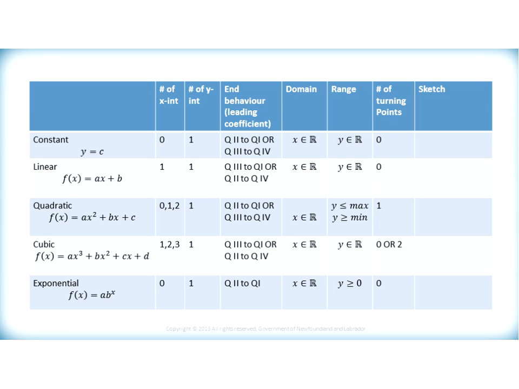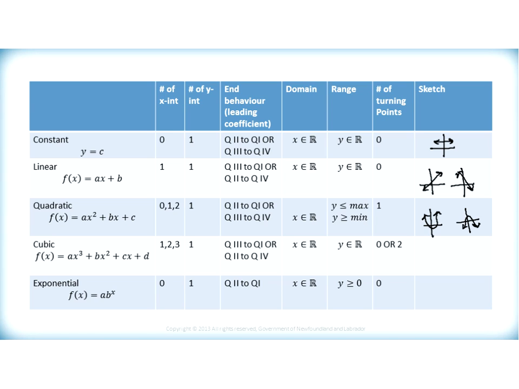If we're looking at a constant, we have, of course, a horizontal line. If we look at a linear graph, we have an increasing linear function or a decreasing linear function. For a quadratic, we have a parabola that would open upwards or a parabola that would open downward.